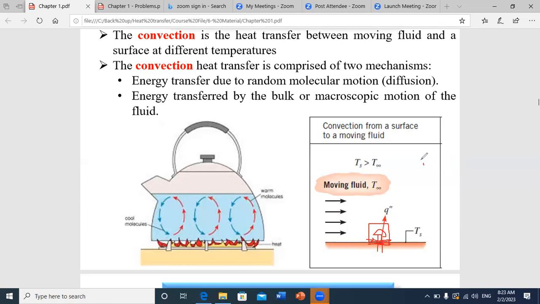So you can say that Q conduction in the metal of your solid is equal to Q conduction of air at y equals 0, because the conductive flux that is lost from the surface is received by the air molecules that are still, okay? And then it will enter this small control volume.